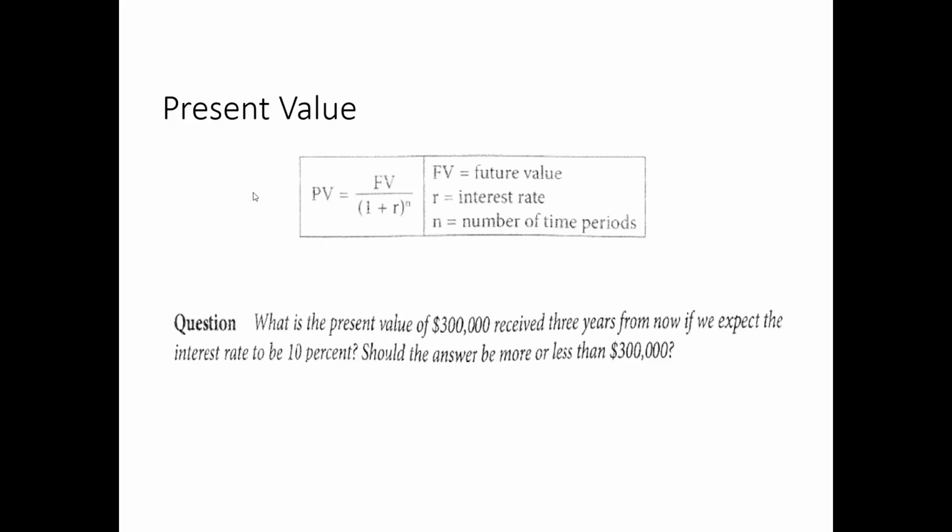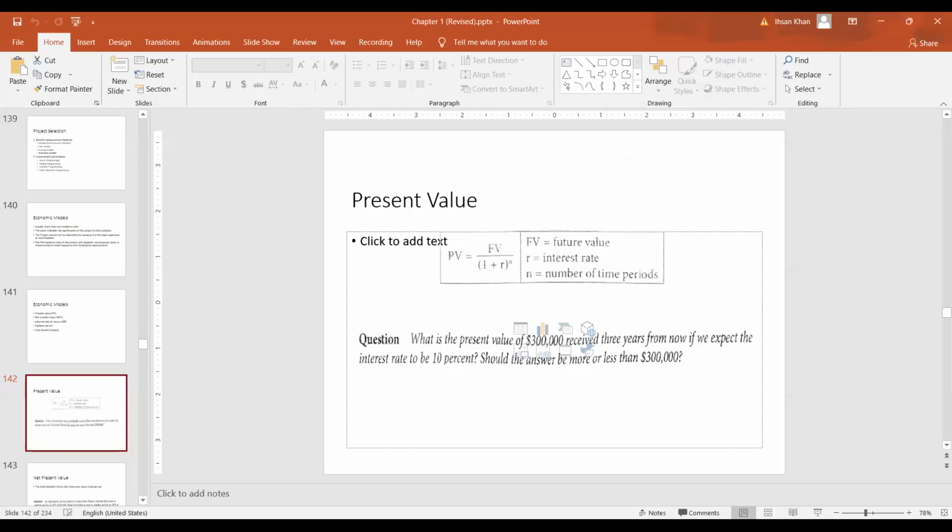Let me calculate it for you. One second. This is a calculator now. So let us calculate here: 1 plus R to the power of n. So 1 plus R is equal to 1.1, to the power of n, which is 3.